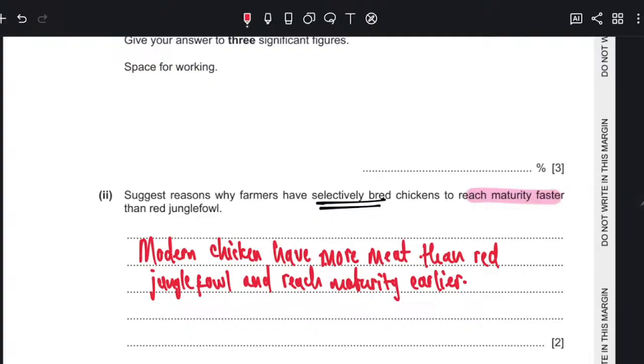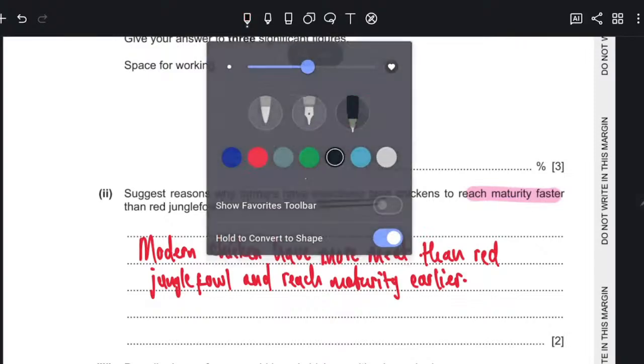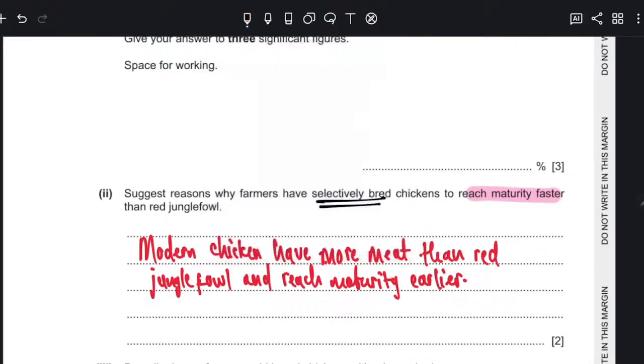They have much more meat when they are fully mature than the jungle fowl, and they would have gotten to that stage much faster.